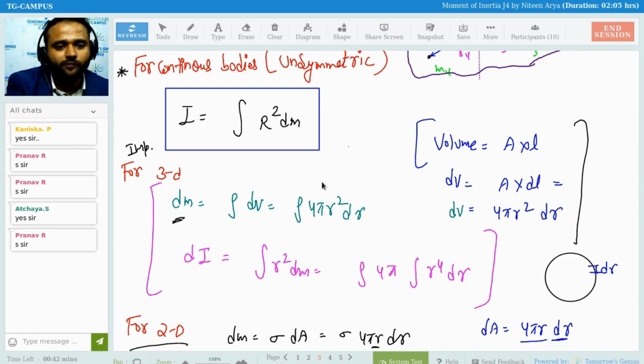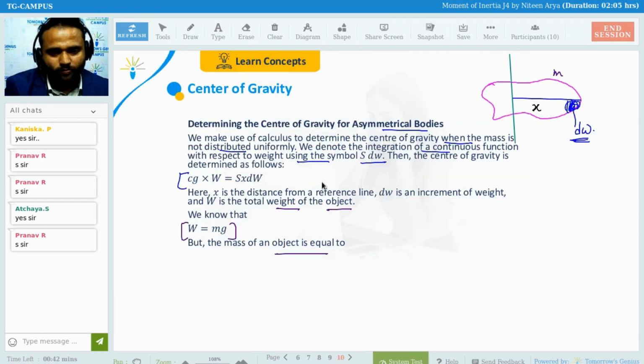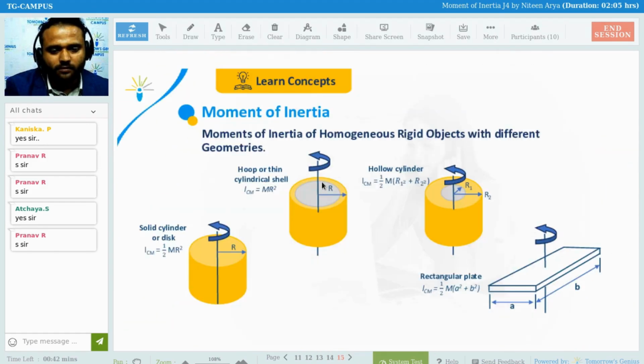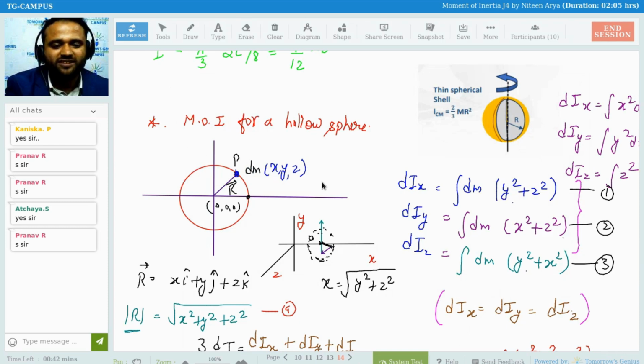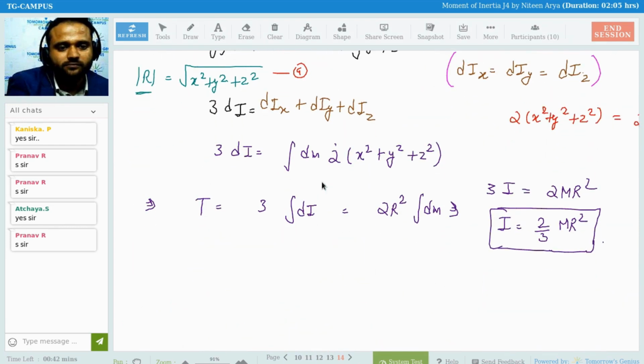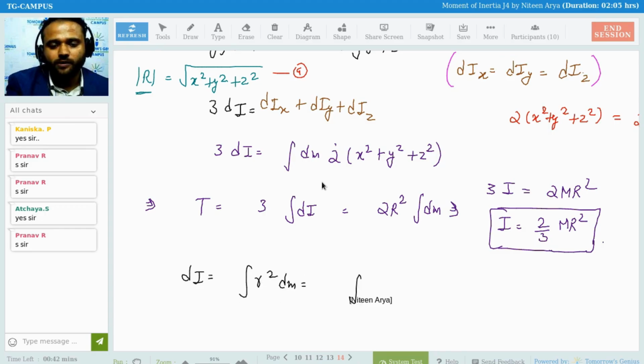For a solid sphere, dI is going to be nothing but r square dm. There, dm is going to be rho 4 pi r square dr, multiplied by r square. Clear? So this r becomes r to the power 5.